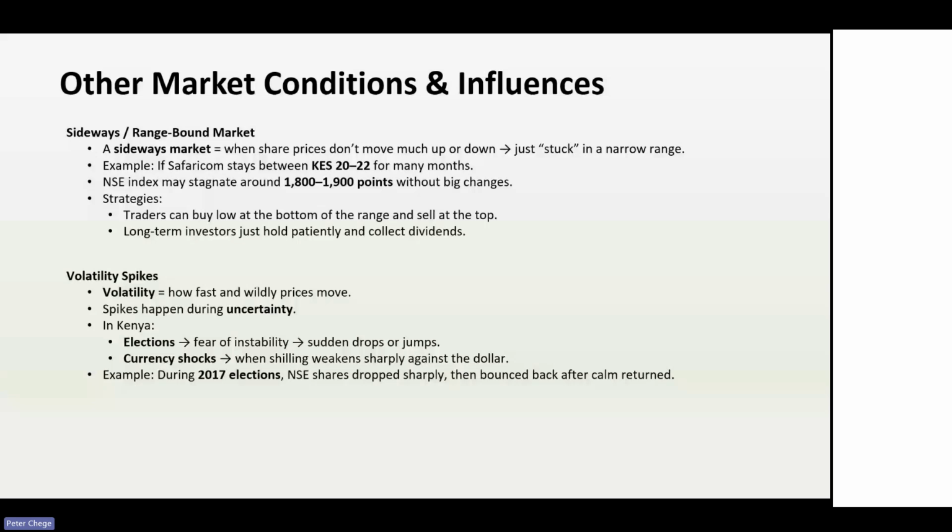It's just stuck in a narrow range. That is the time short-term traders get into the market. Buy low, sell high, buy low, sell high. So if you notice maybe Safaricom is stuck between, let's say for argument's sake, 20 to 22, you buy. Then when it rises up, you sell. You make gains with the difference.